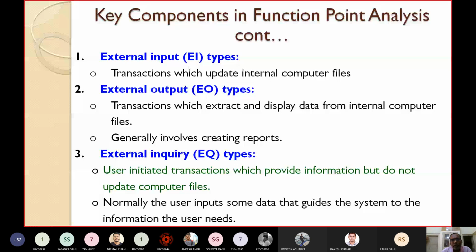How do you get the answer to a query? Initially, the user inputs some data which will guide the system to the answer to the given query. So it depends upon the data that the user gives. This is the external inquiry or external query.